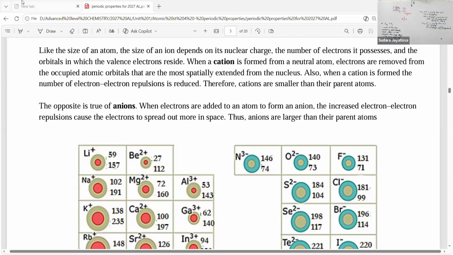For that, an energy level point is not relevant. You can bring it here, but it's not relevant.